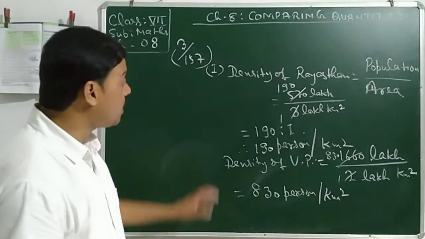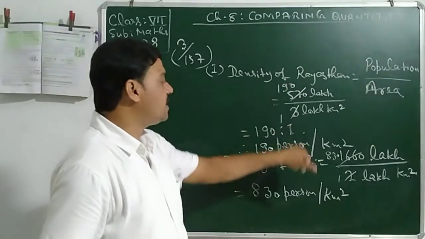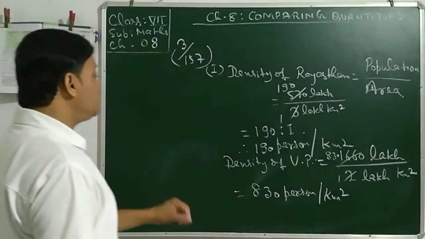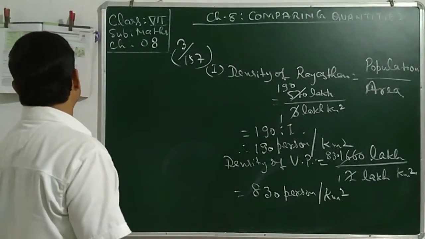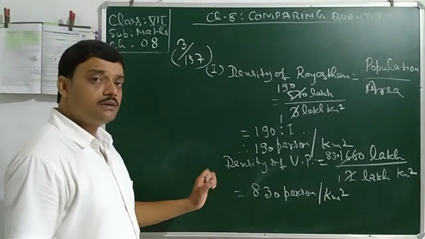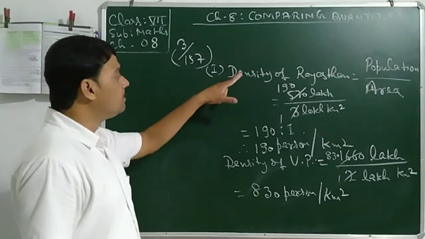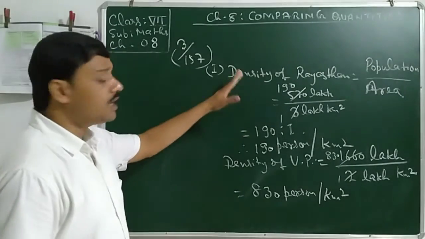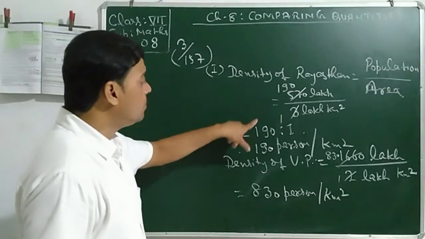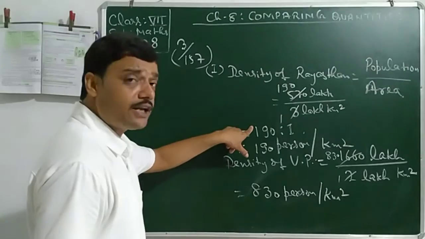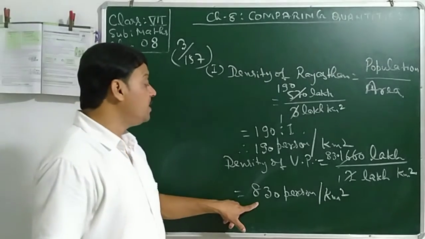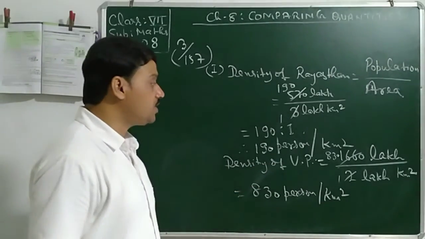In the first part you are asked to find the density of Rajasthan as well as the density of UP, and in the second part, which state is less populated? To find that, we need to compare them. The density of Rajasthan, we got 190 persons per square kilometer, and density of UP you got 830 persons per kilometer.